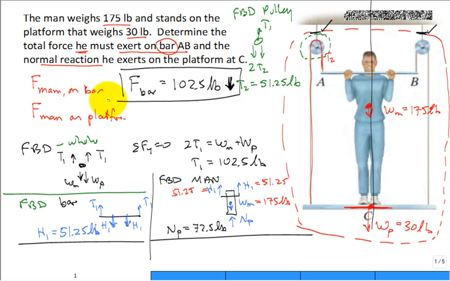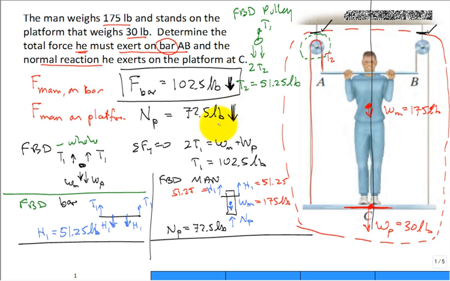And then the other part of the question would be, what is the normal reaction he exerts on the platform? Well, I would say that the force that the man exerts on the platform is of magnitude 72.5 pounds. And it's on the platform, so he's pushing down on the platform, right?